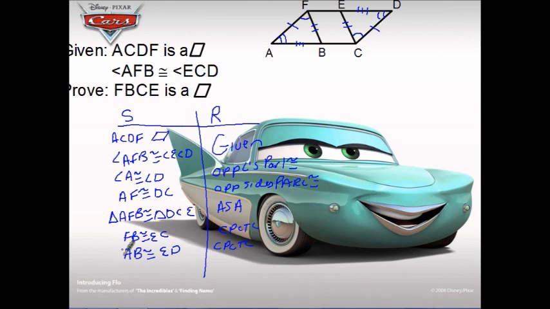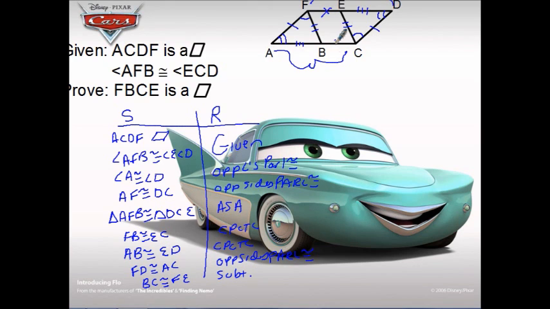Now, from that big original parallelogram, I know that FD is congruent to AC. Opposite sides of a parallelogram are congruent. I'm just going to be this big side here, matched up with that big side there. I'm going to say that BC is congruent to FE by subtraction.